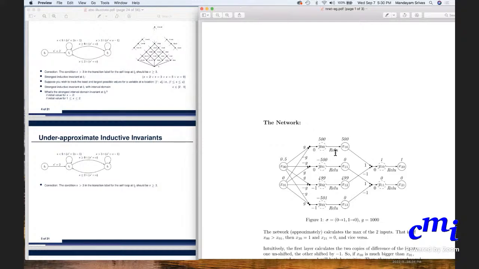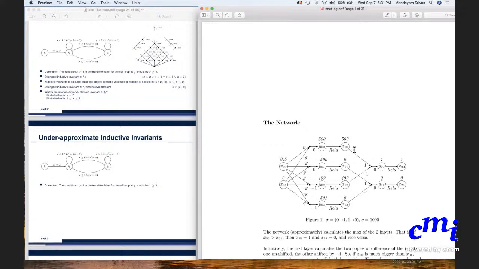So the computation performed by each layer of a feed-forward neural network can be expressed as simple assignments to a whole bunch of variables denoting the values produced at these nodes, the outputs of the activation functions.